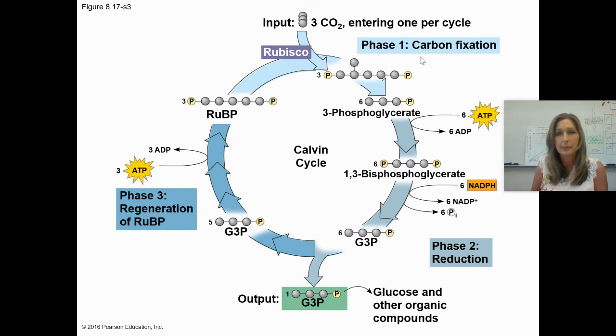Think of it that way. Now, there's an enzyme, the most abundant enzyme on this planet, called Rubisco. Rubisco is going to perform this carbon fixation. It's going to take carbon dioxide that diffuses through the stomata and attach it to this molecule RuBP.